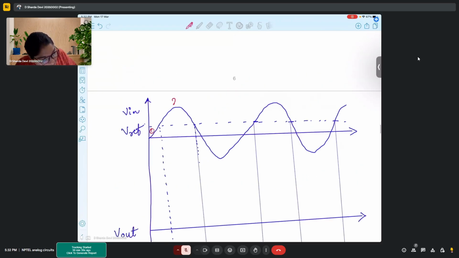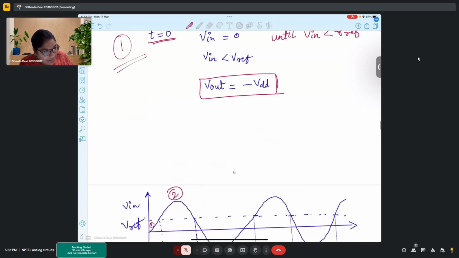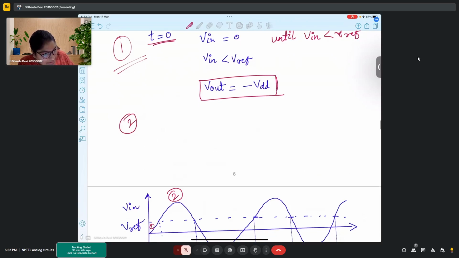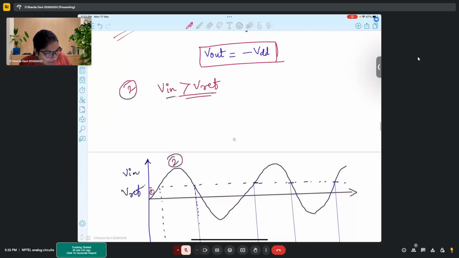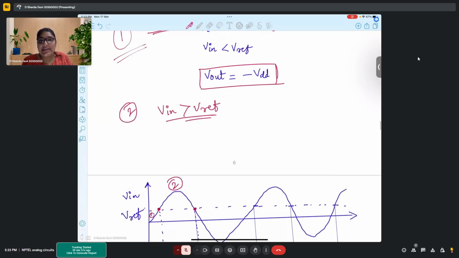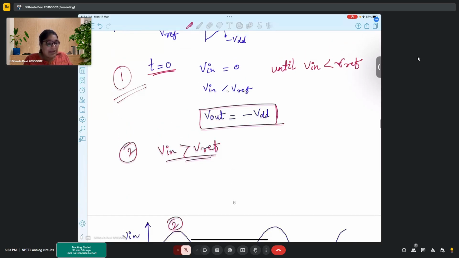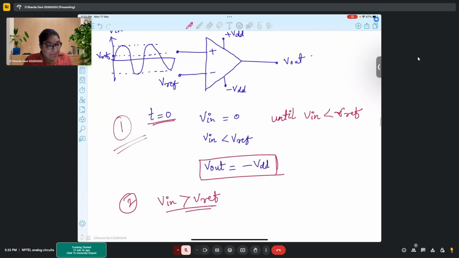Now coming to the second region, okay? So in the second region, we see that Vin is greater than Vref, right? In the second region, from this point till this point, Vin is greater than Vref. Now, if Vin is greater than Vref, that means my positive terminal is at higher potential than that of the negative terminal.